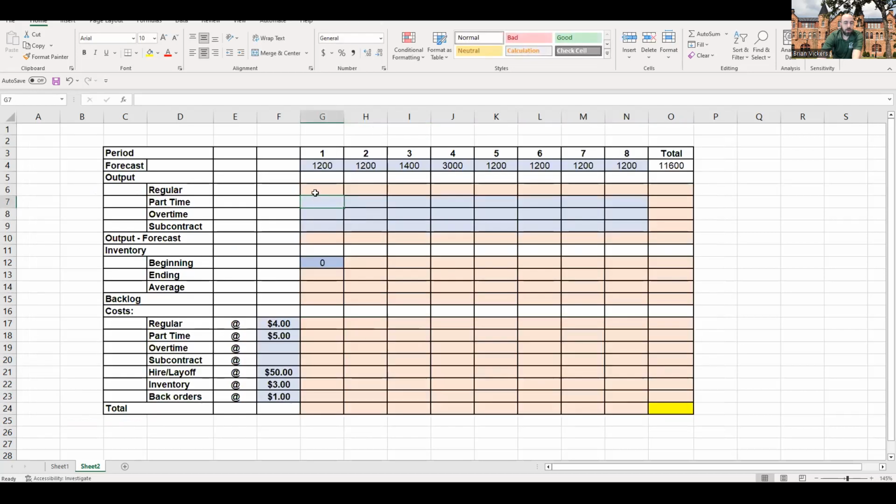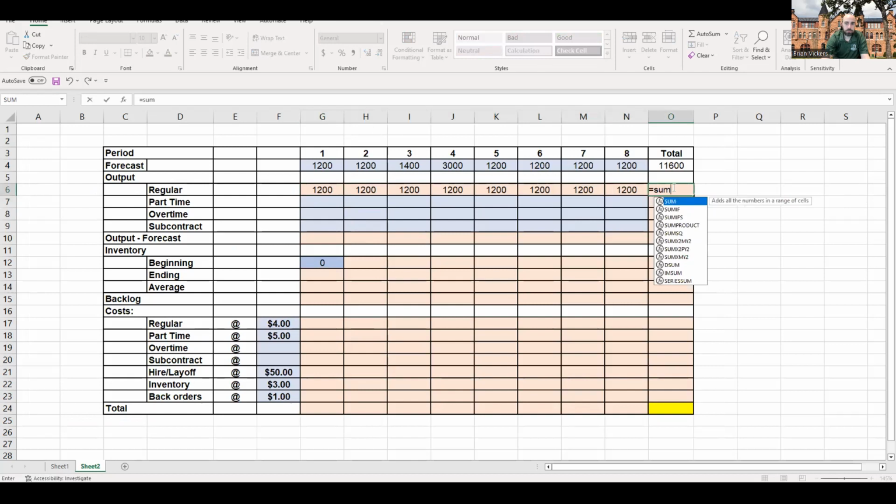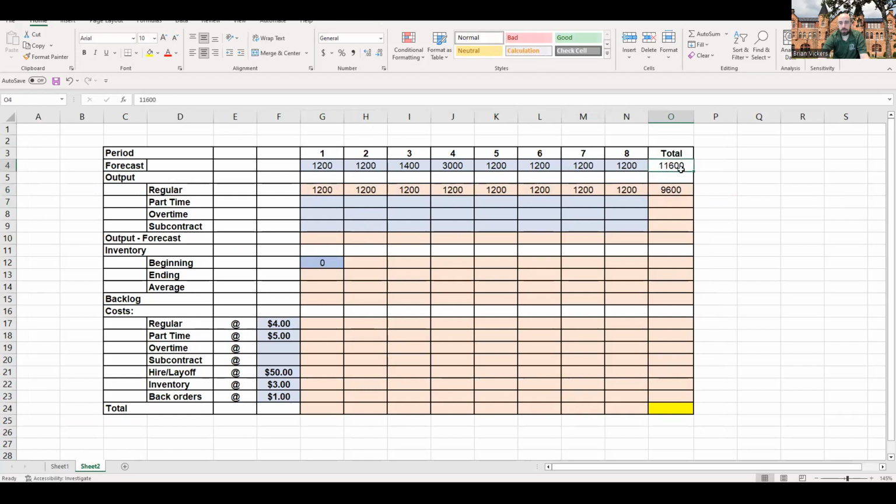All right, so our regular production we know is level. We were told that it's $1,200 a month. So far we're at $9,600. You can see we're 2,000 units shy, 11,600 minus 9,600.